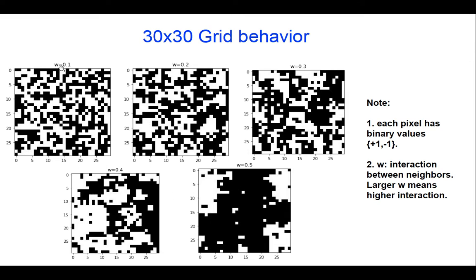We can see when the W is fairly small, such as 0.1, 0.2, 0.3, the pixel distribution is kind of random, which means each pixel is kind of independent of the others. If one pixel chooses +1, its neighbor can be either +1 or -1. But when the W is large, for example 0.5, we can see the pixels having the same value tend to aggregate together.